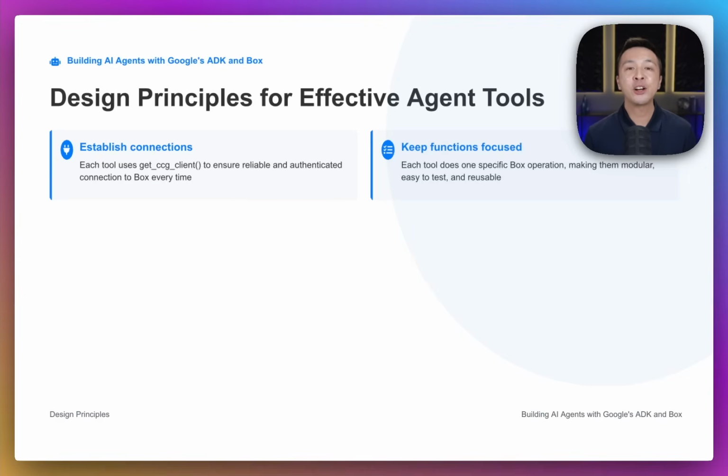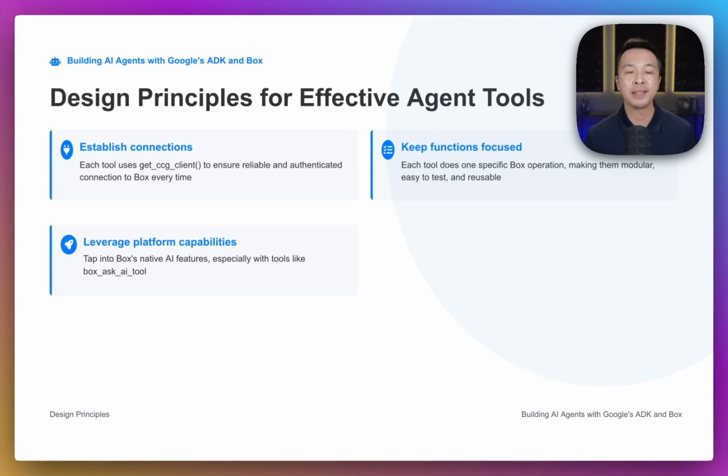Second, keep functions focused. Each tool is designed to do just one specific Box operation. This makes them modular, easy to test, and reusable. Third, leverage platform capabilities. We're tapping into Box's native AI features, especially with tools like Box Ask AI Tool, which is fantastic.